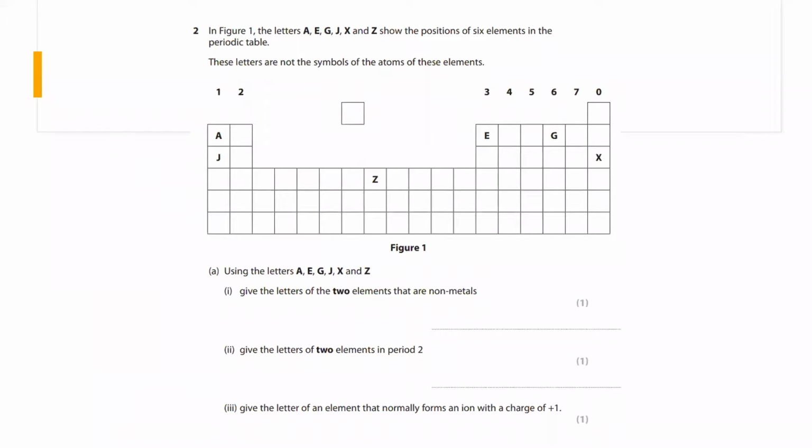So in figure 1, the letters A, E, G, J, X, and Z show the positions of 6 elements in the periodic table. These letters are not the symbols of the atoms of these elements. Using the letters that we've been given, give the letters of 2 elements that are non-metals.